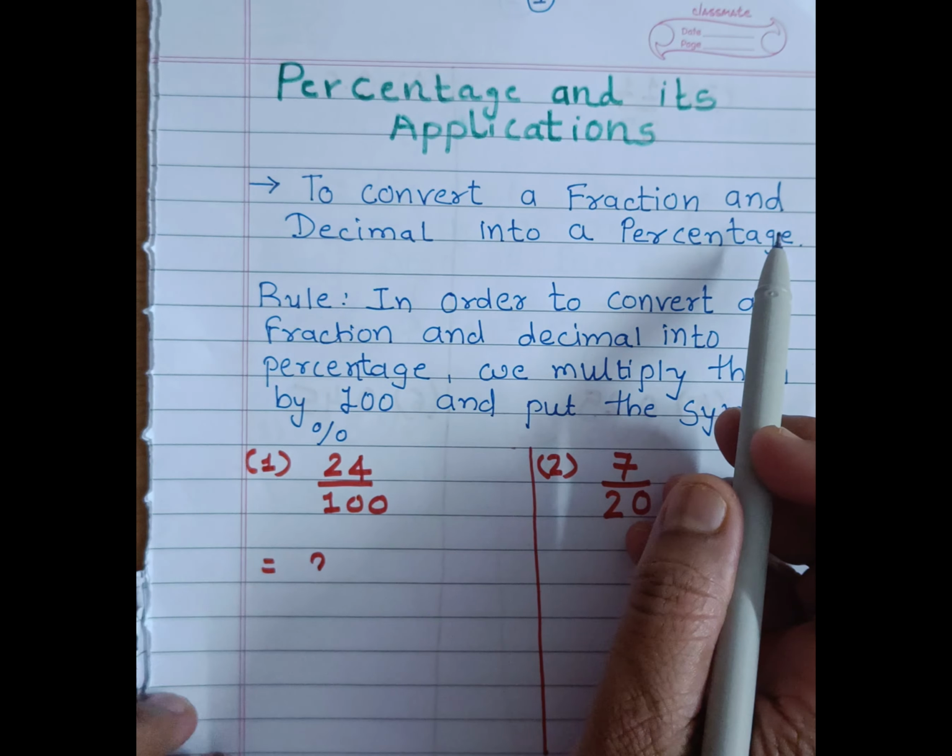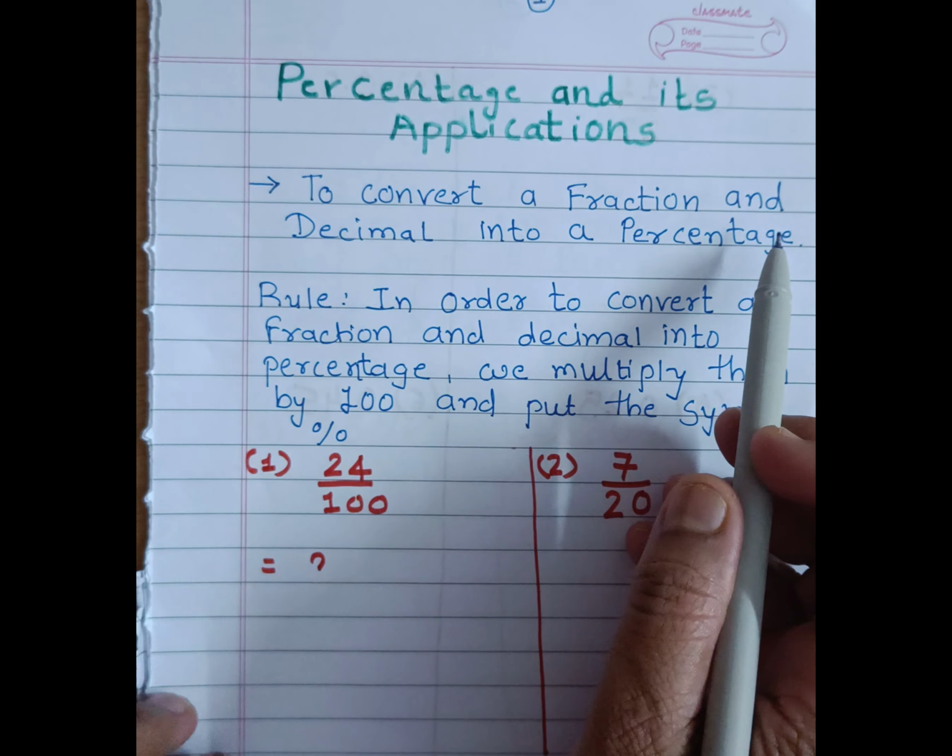Now we find the percentage of 7 by 20. We multiply 7 by 20 by 100 and put the symbol of percentage. 20 fives are 100, so it is equal to 7 multiplied by 5 percentage, which is equal to 35%. 35% is our answer.